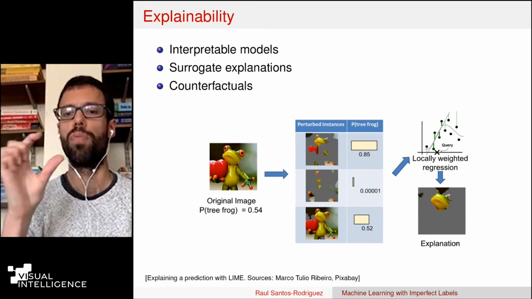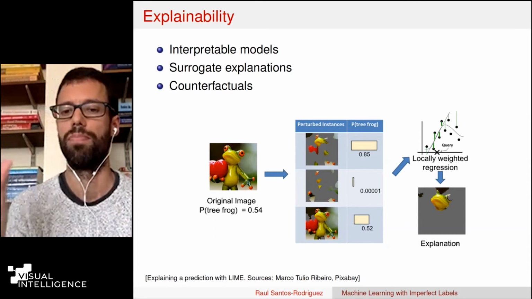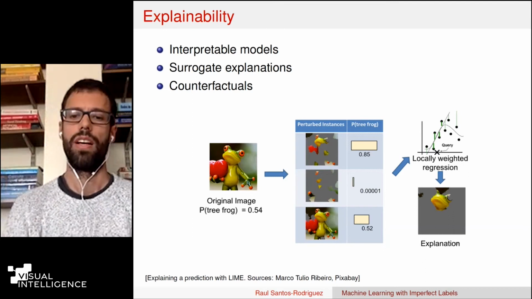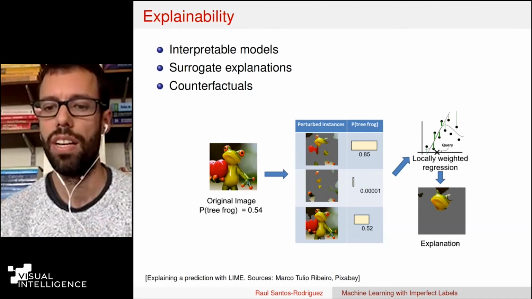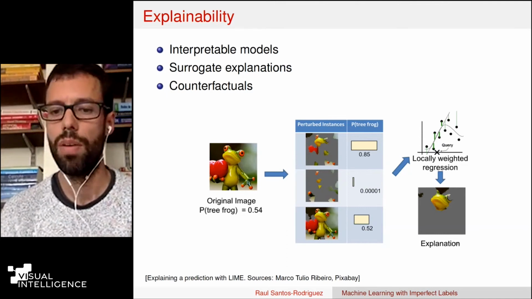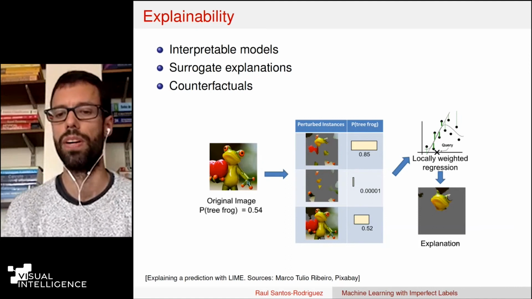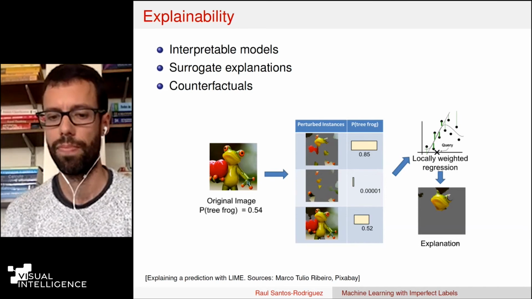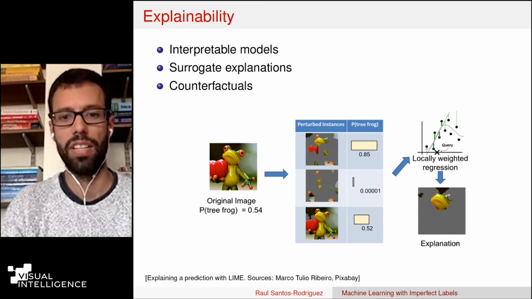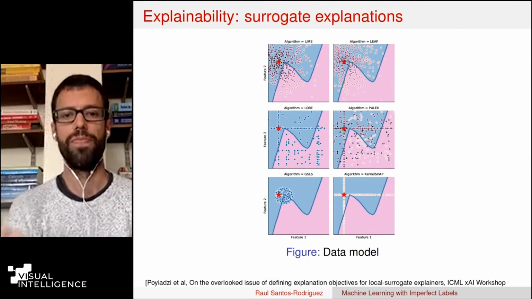So basically, this local approximation of something complex is assumed to be true when it's done locally. And with images, the explanation is not just shown as the weights of the regression, but as the superpixels that made the machine learning system decide that that was likely a frog. So this has attracted a lot of attention, but of course, it's not without issues.